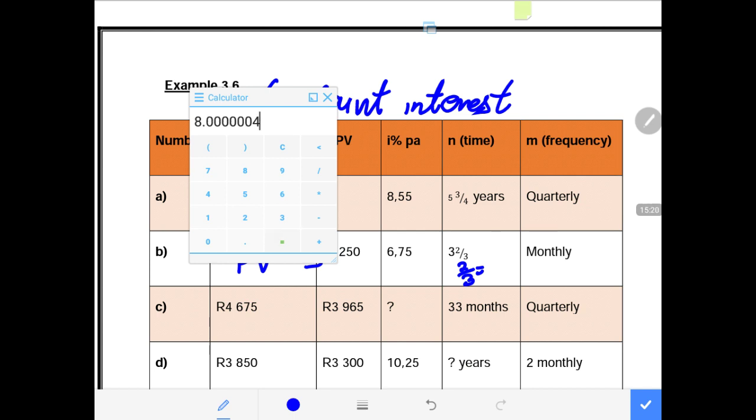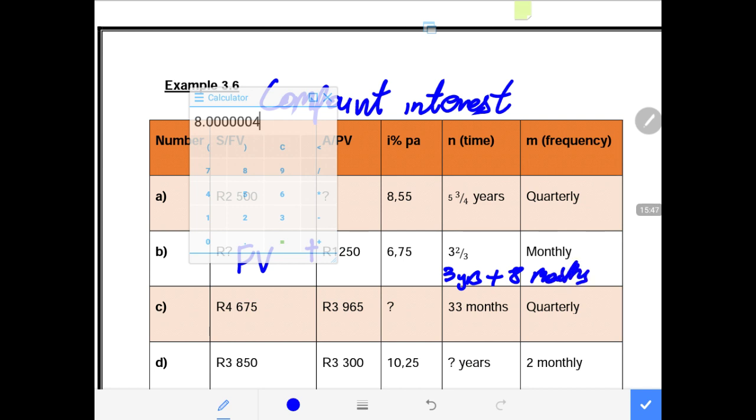So now we discover that it is exactly 8 months. Again, it was 2 over 3. Then we multiply this answer by 12 in order for us to see that this is 8 months in a year. So now that means this is 3 years plus 8 months.